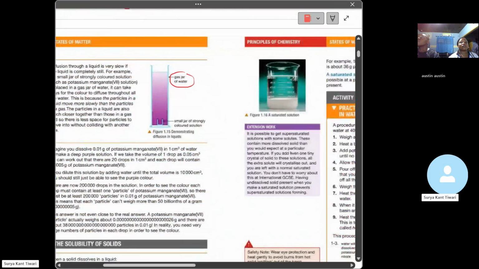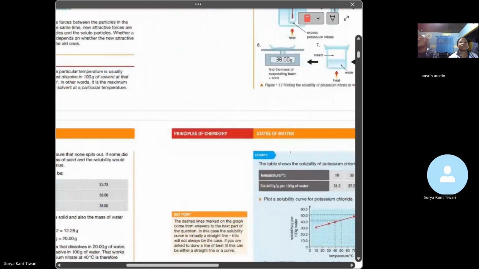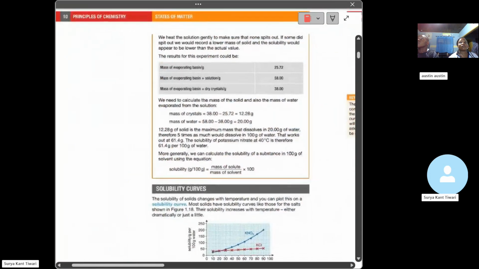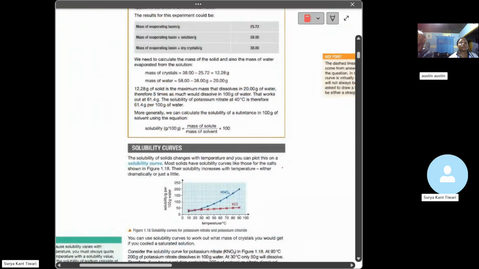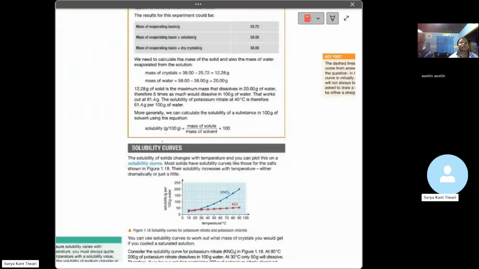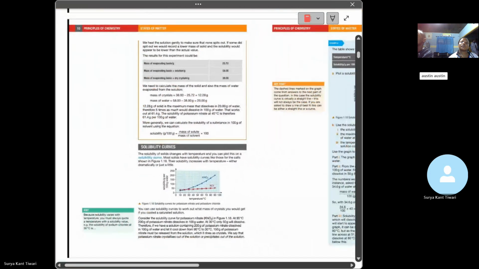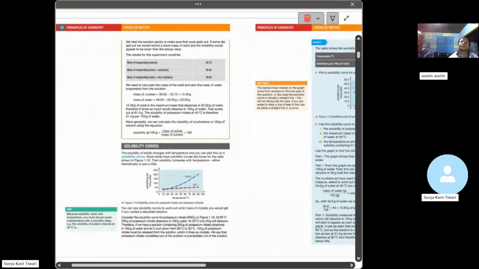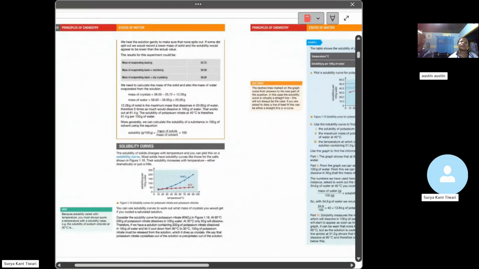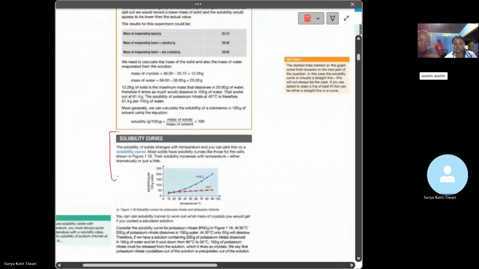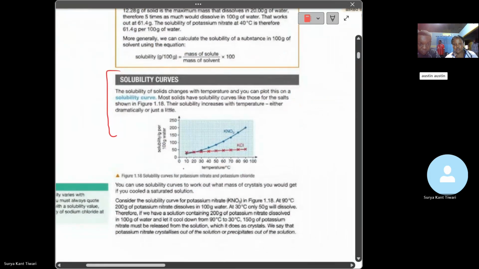And after that, we have solubility curves. Look at the screen. We have the solubility curve. Can you read this paragraph? Yes, sir.